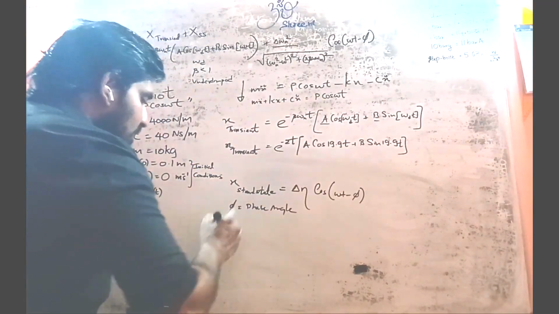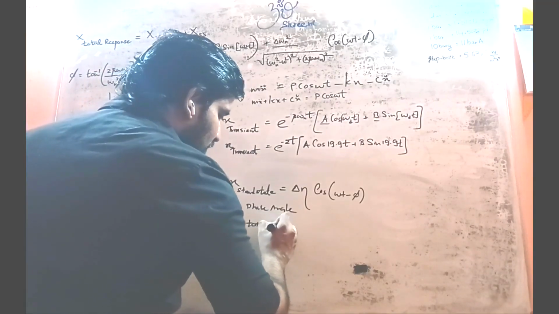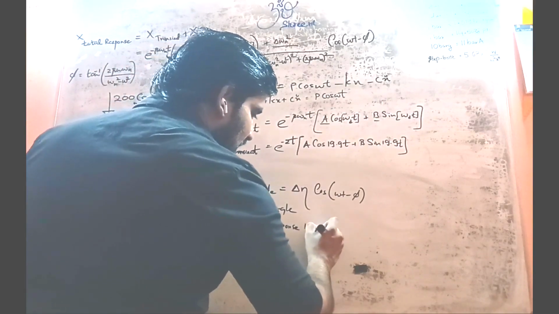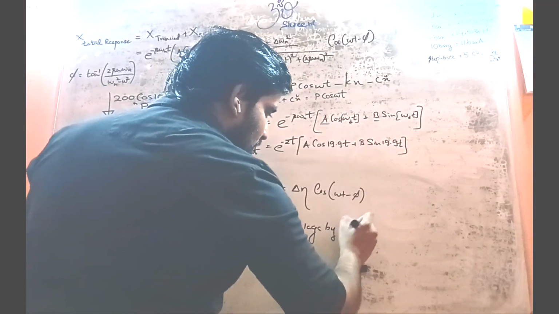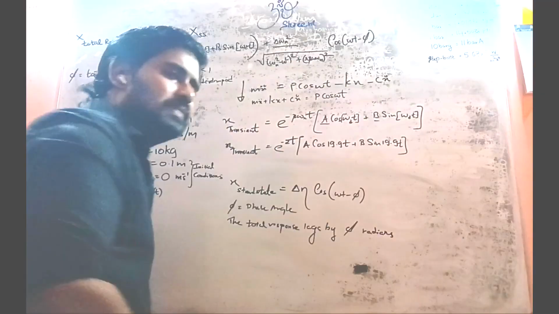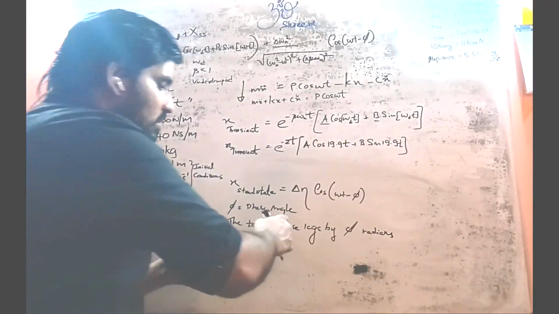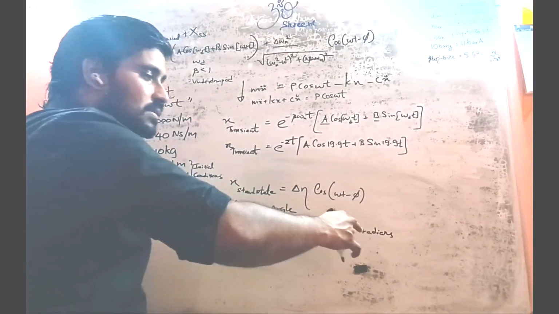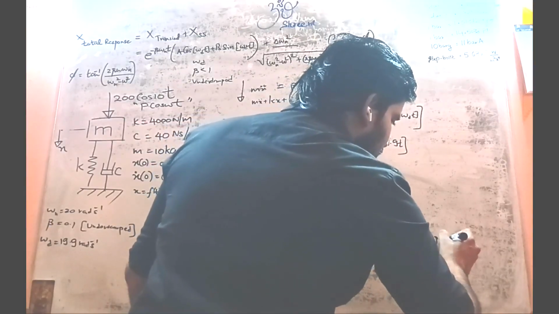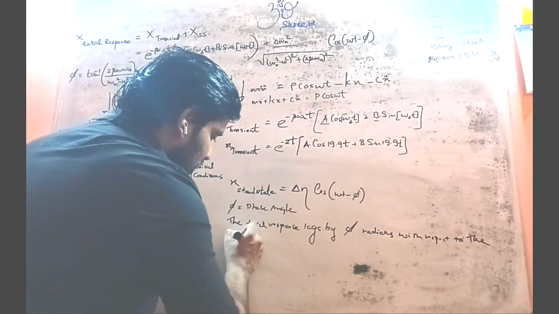Because we say that the total response lags by phi radians, or if you want, you can consider that in degrees. So practically, the total response lags by phi radians with respect to the excitation force.